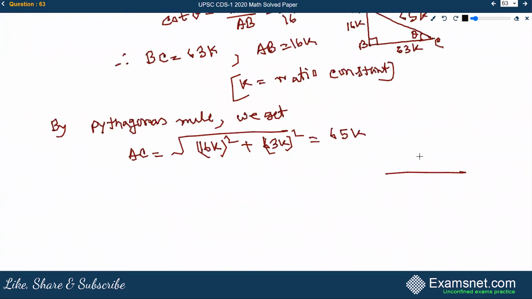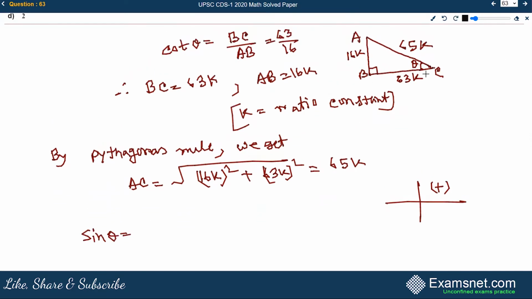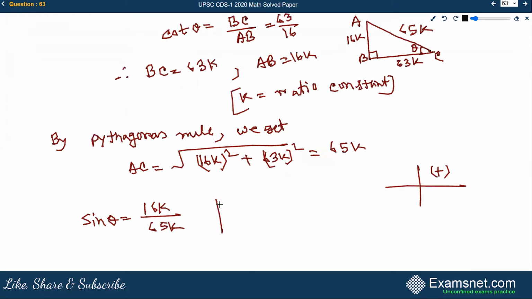Now in the first quadrant, we know all trigonometric ratios are positive. Sine theta is perpendicular by hypotenuse, so that is 16K by 65K. Cos theta is base by hypotenuse, that is 63K by 65K.